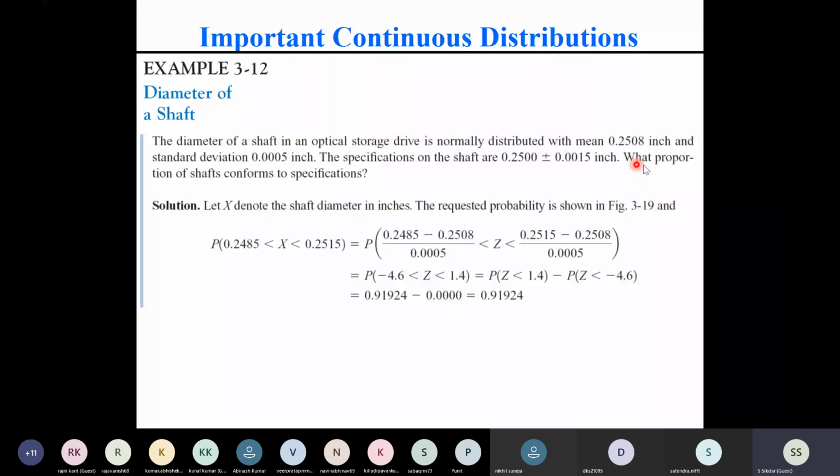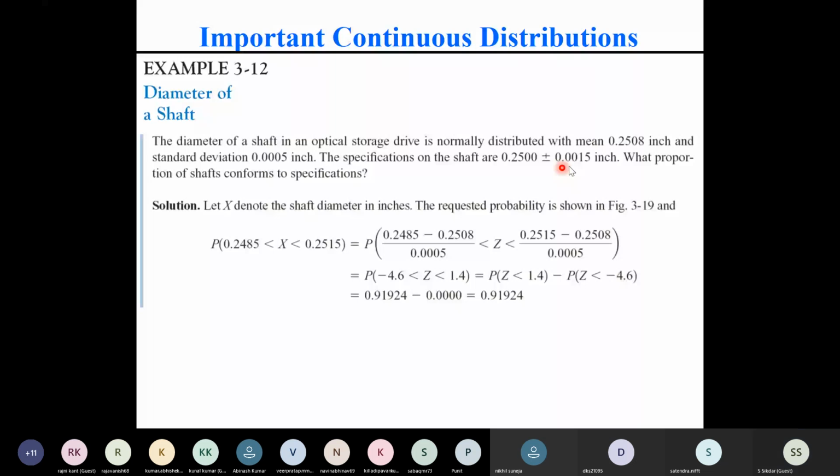Let's say X denotes the shaft diameter in inches. If you add the tolerance on the plus side, it will be 0.2515. On the negative lower side you subtract, and you come up with 0.2485.